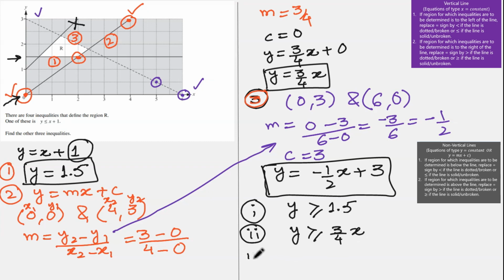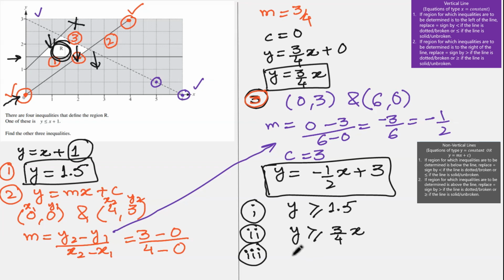Now for the third and the last inequality. This is line number 3, marked as 3. If you look at your graph, where is your R? Is it above or below the line? I hope you can see this R. It is below this line, not above the line.